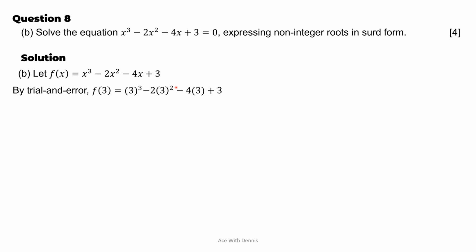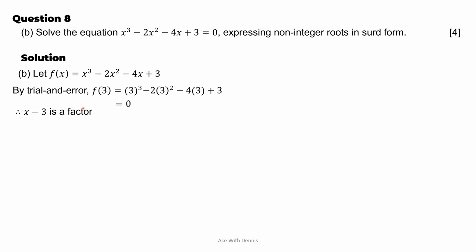By trial and error method, we find that f(3), where x equals 3, substituted into this equation, 3 cubed minus 2 times 3 squared minus 4 times 3 plus 3, we get 0, which means that x minus 3 is a factor.